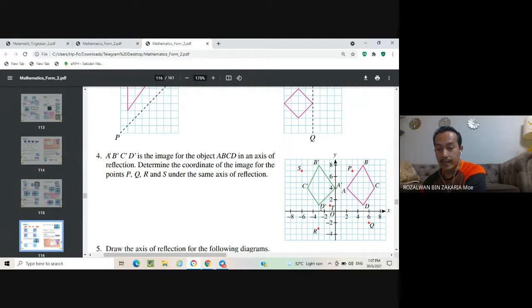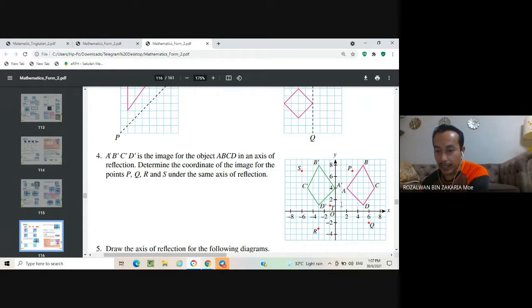That means the axis of reflection is 4 units from D and also 4 units from D prime. Then calculate 1, 2, 3, 4. So here, 4.